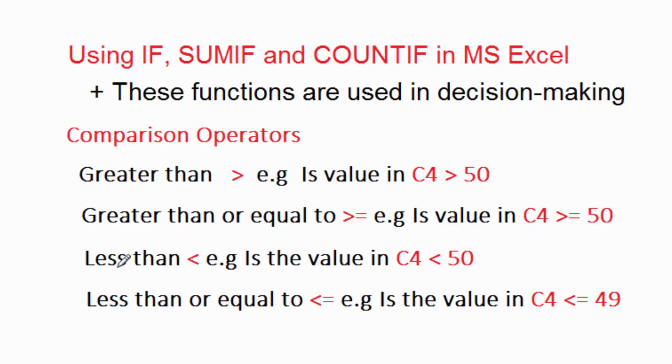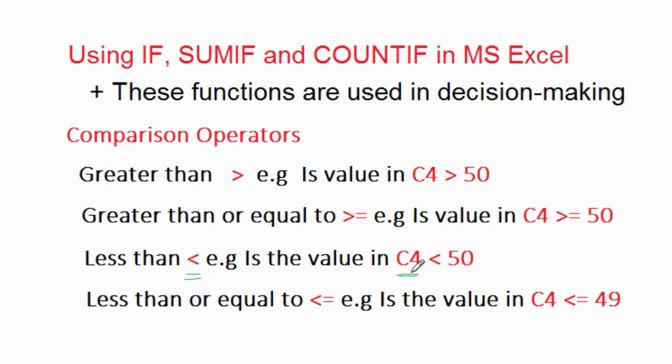The next operator I will look at is the less than sign or operator. Here, for example, we are checking what value is in C4 and we are checking if it is less than 50. For example, if C4 contains 30, in this case 30 is less than 50 and the result will be true.